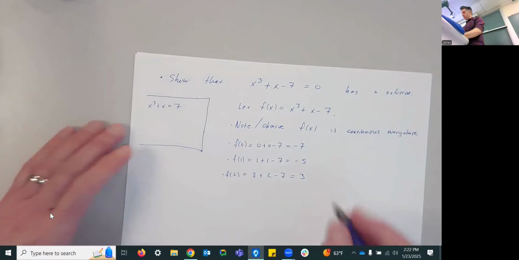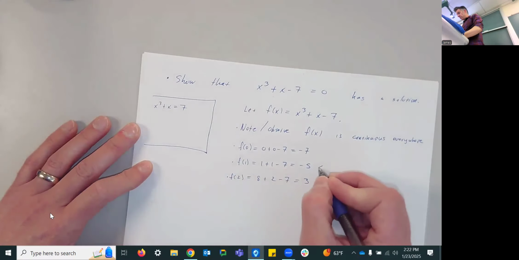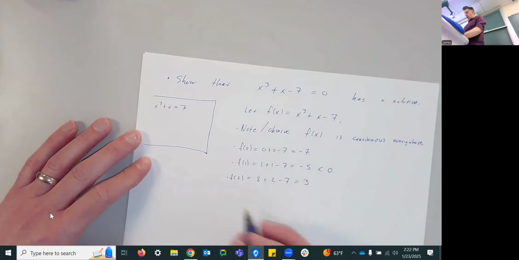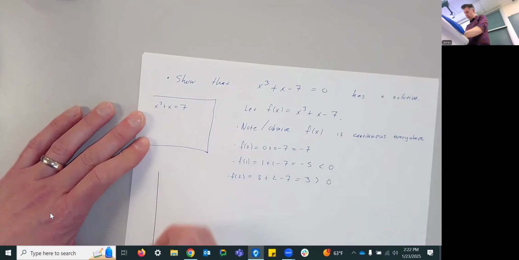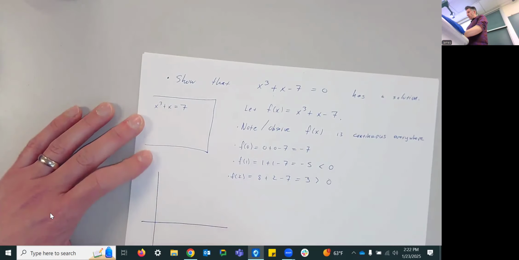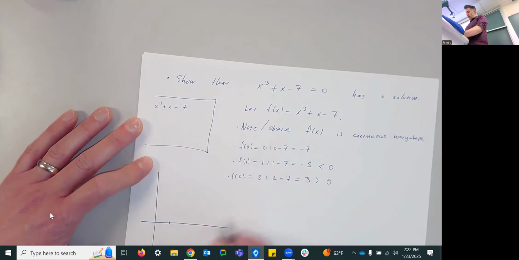Here's what we're going for. F of 1 is negative. F of 2 is positive. Graphically, here's what this looks like. I plugged in 1 and I got -5. I plugged in 2 and I got +3.